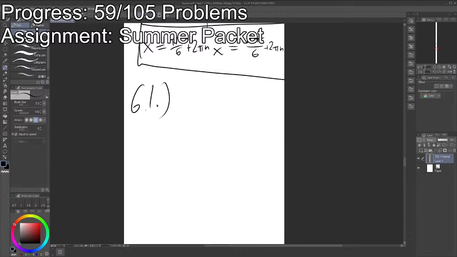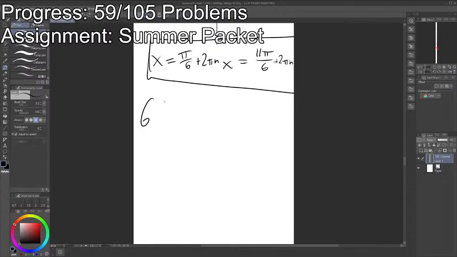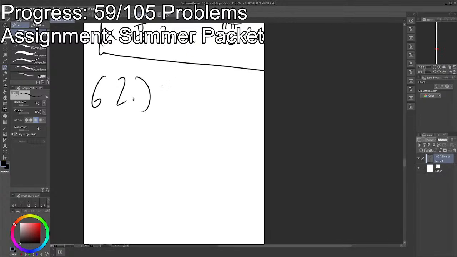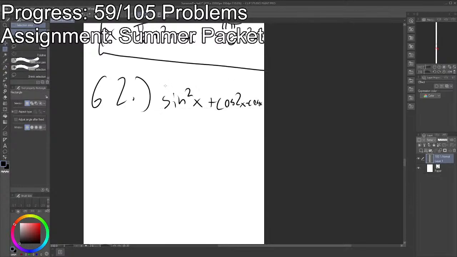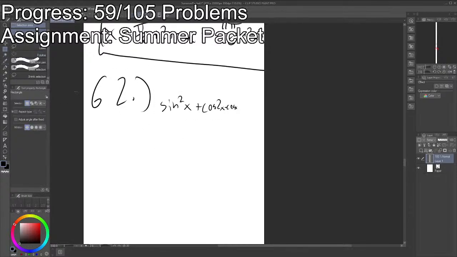Oh, there's 2 more of these? Wait. No, I'm on, okay, 60. I'll do the 62. I hate these ones. So sine squared x plus cos 2x minus cos x equals 0.